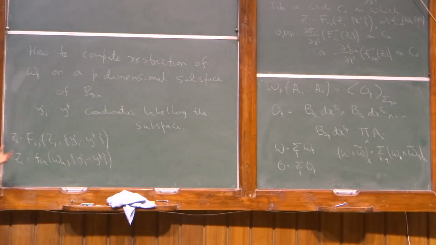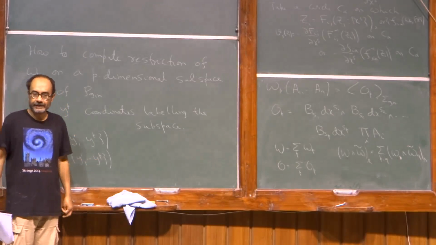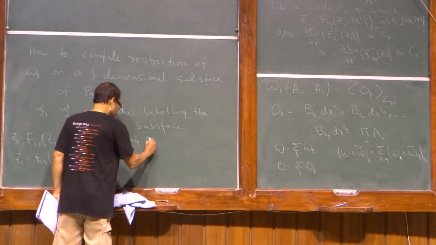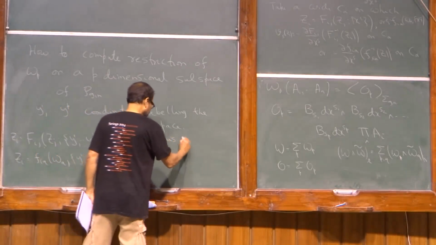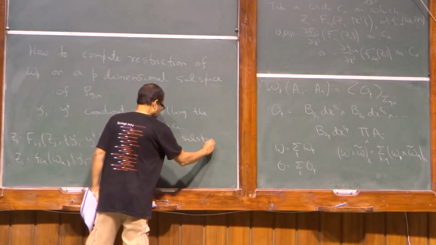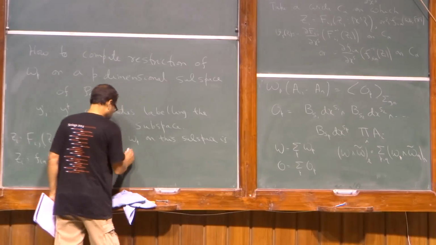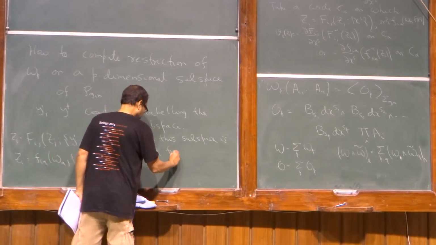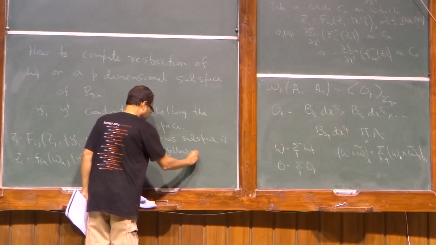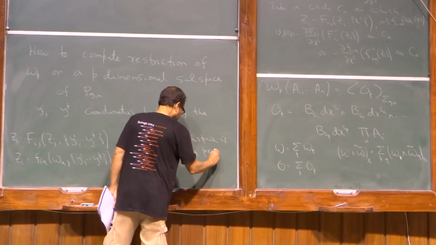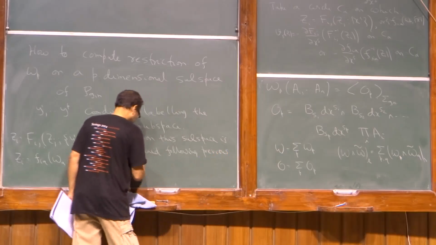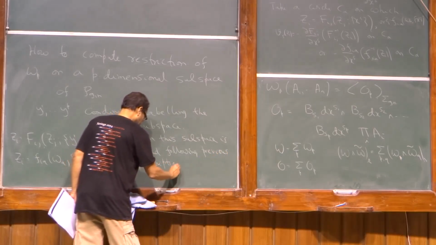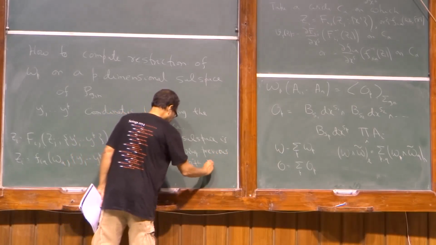Now we have to define omega p on this subspace, and the answer is very simple. Omega p on this subspace is obtained following the previous description with x replaced by y.